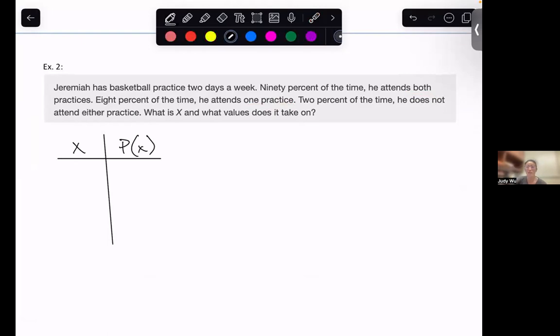And we usually list those in order from biggest to smallest, okay? So there's sometimes he goes to no practices, sometimes he goes to 1 practice, and sometimes he goes to 2 practices, okay?